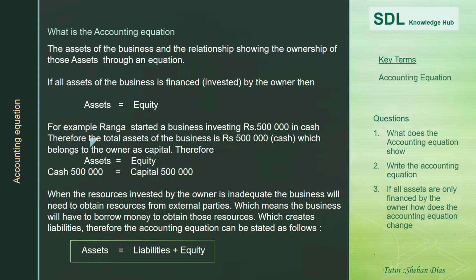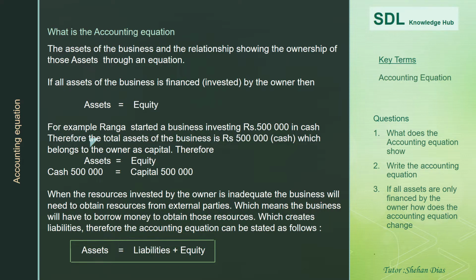For example, if Ranga started a business by investing 500,000 in cash, the accounting equation will show assets, cash 500,000, equity, capital 500,000, which is the amount invested by Ranga.